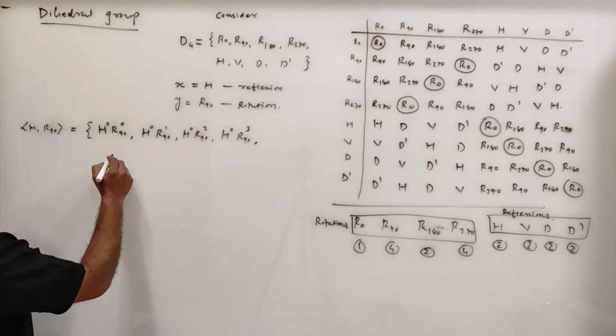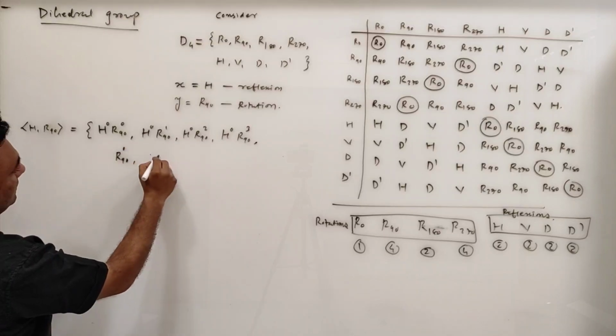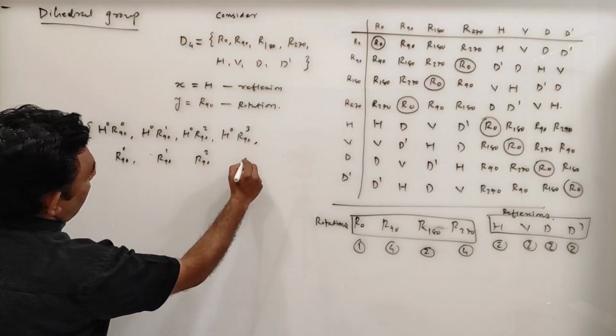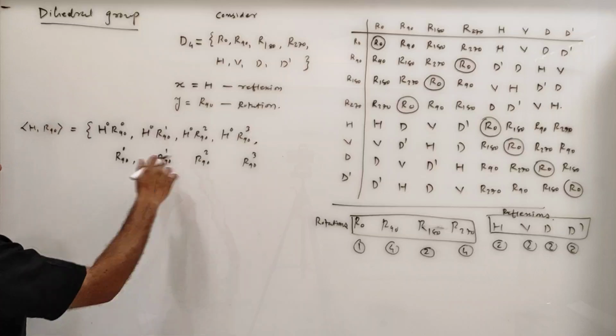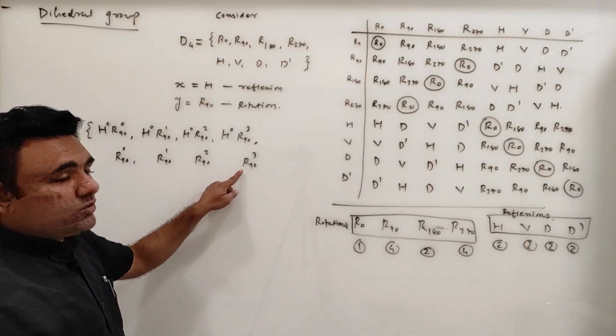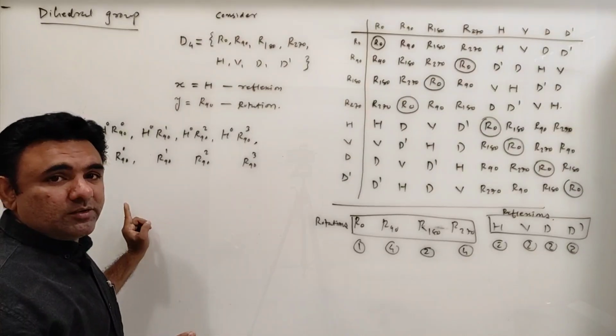Now I consider again r90 raised to 0, r90 raised to 1, r90 square and r90 cube. I stop here because the order of r90 is 4, as we have just computed.